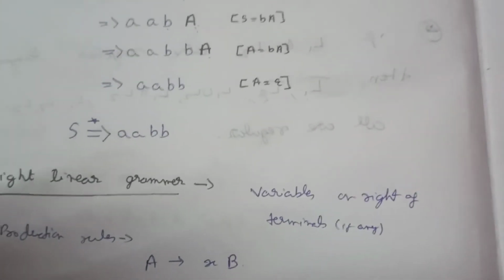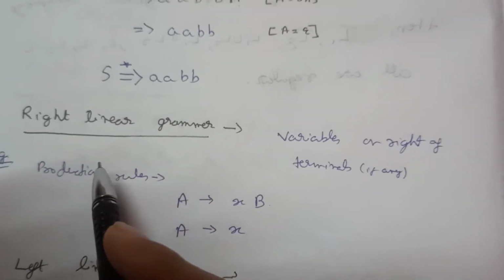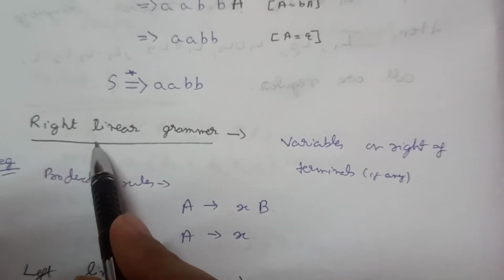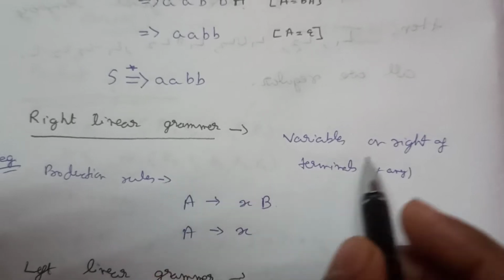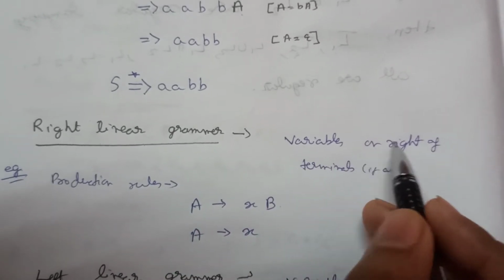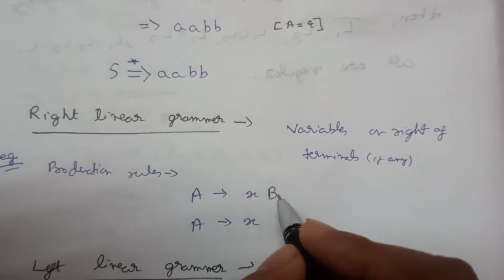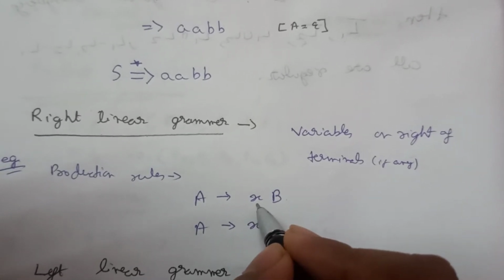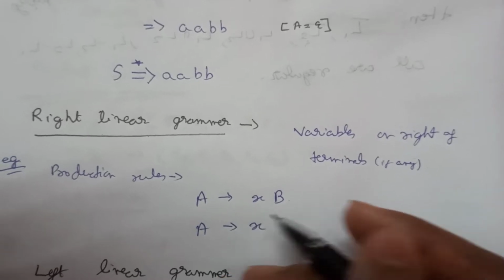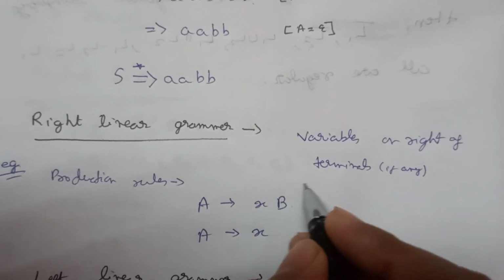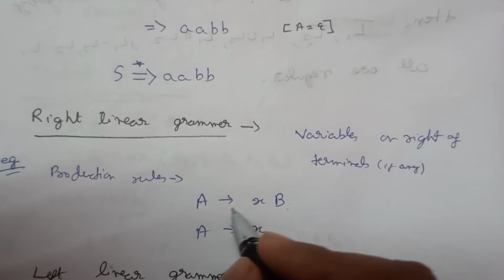Now see something new. There are two types of grammars, one is right linear grammar and one is left linear grammar. Right linear is where variables are always on the right of terminals. So this is terminal x, and we write the terminals in small letters generally, or if it is 0, 1, then it is just numerals, and the variables we write in capital letters.